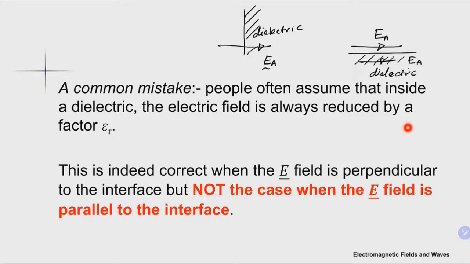So that is the common misconception, that the electric field is always reduced by a factor of epsilon r. It's only applicable in this case, but not in this case.